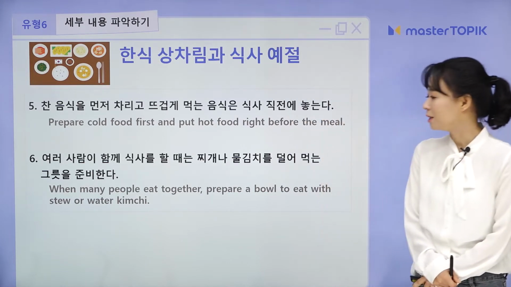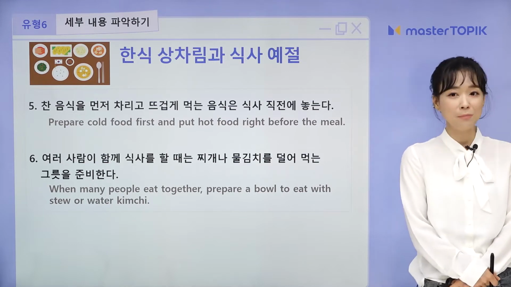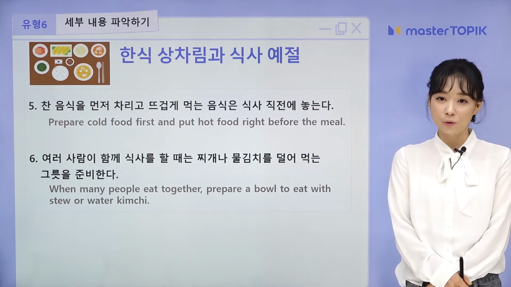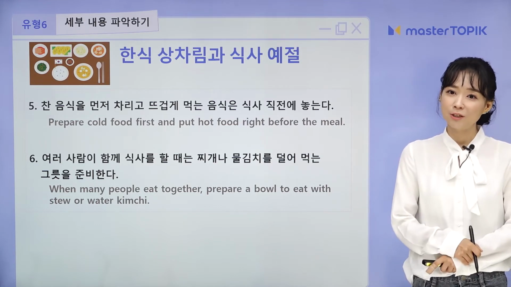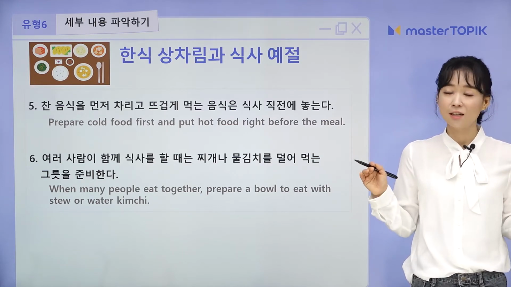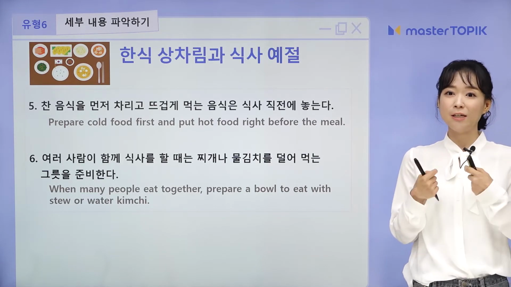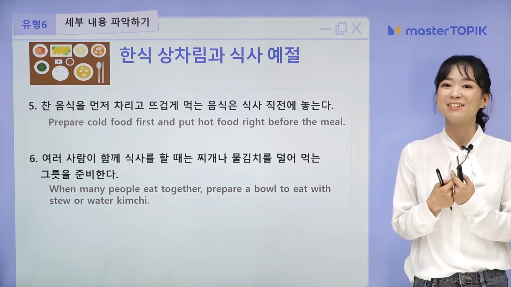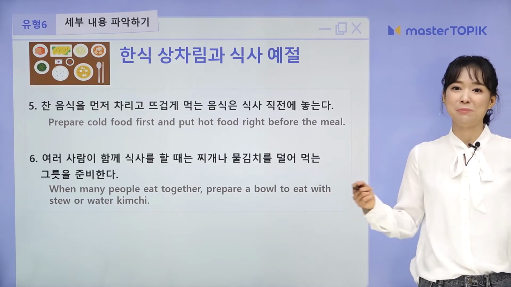When many people eat together, prepare a bowl to serve stew or water kimchi. In Korean food culture, we share the dishes a lot. So to share the food, it would be better to give personal dishes. So we can share it without any trouble.